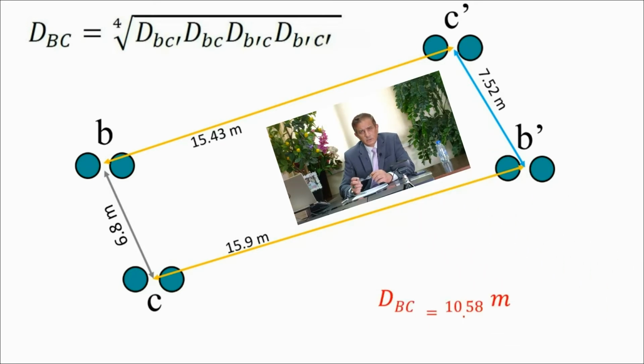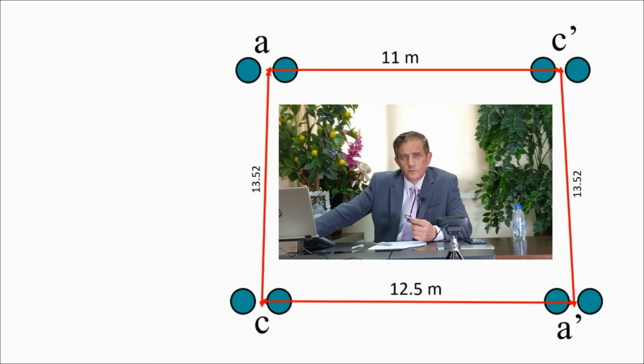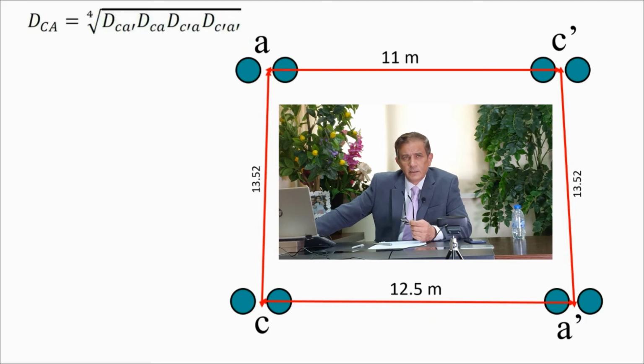This is the second distance that I need. Now the last, CA. These are the dimensions between C and A. Because when I say A dash, it is the same phase, and C C dash is the same phase. Same thing, I get DCA.